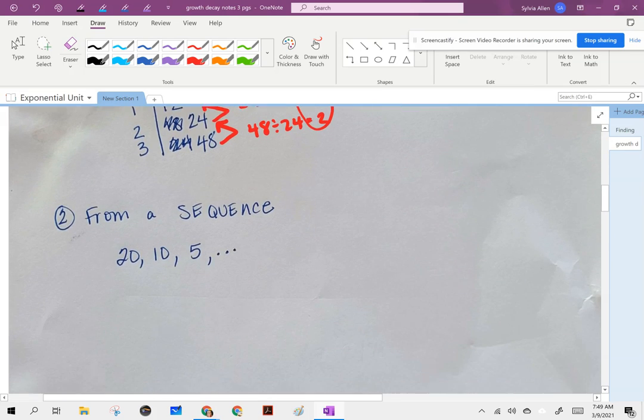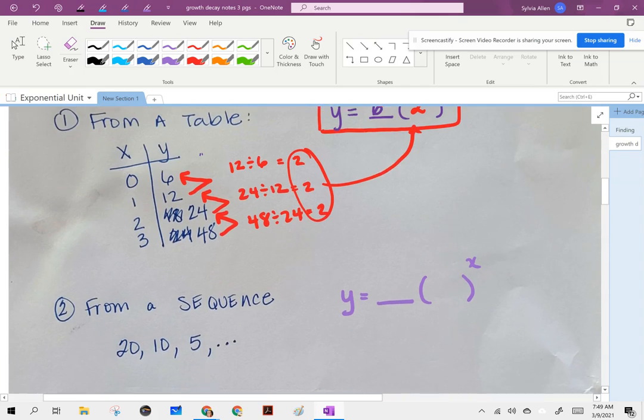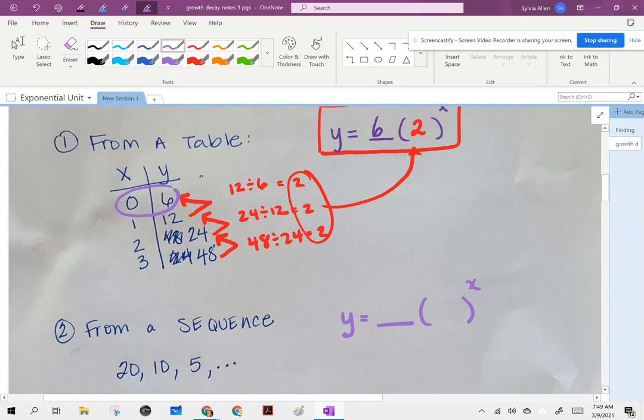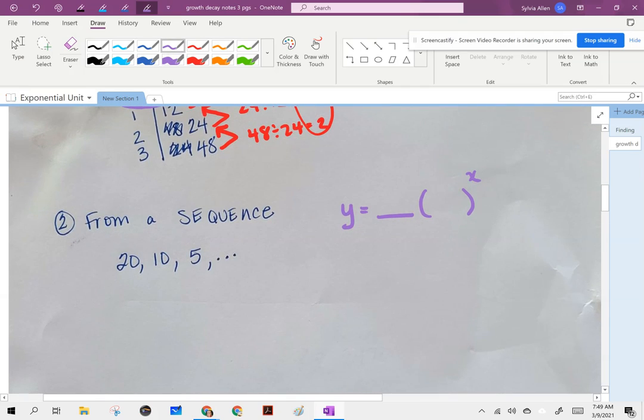Okay. Now let's take a look at what about from a sequence. All right, see if you can come up with the equation from a sequence. Okay, so let's take a look. Remember that you need AB to the power of X. And so we could see in the table that it was really easy to find the A value, but it's not really so clear on this sequence because this 20 is the first term, 10 is the second term, and 5 is the third term.